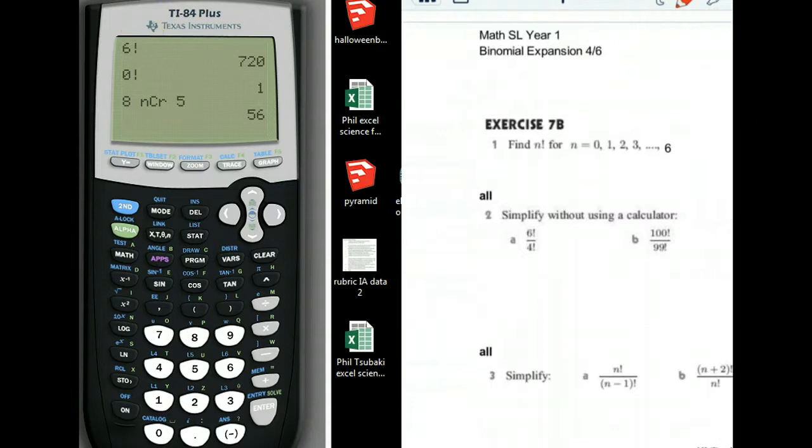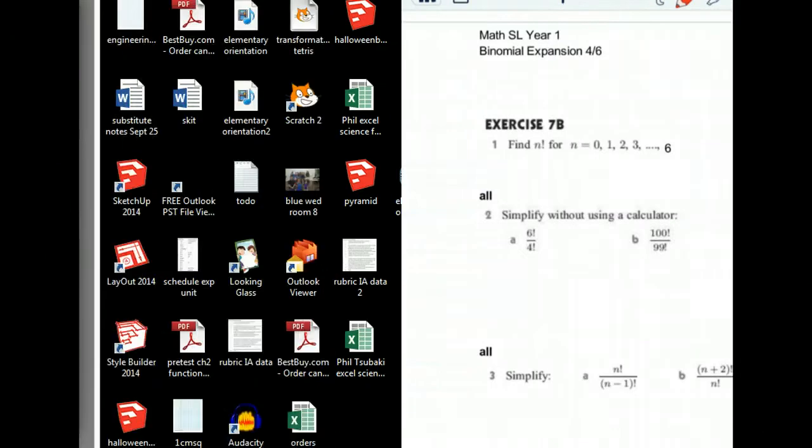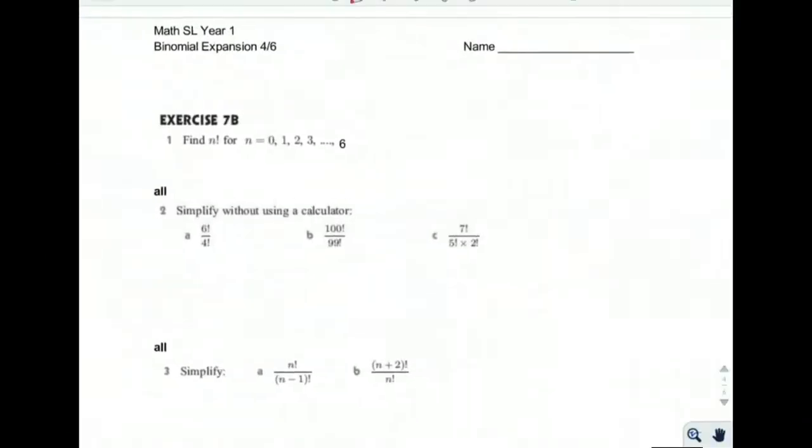Now we're going to go back to the problems here, most of which you don't use a calculator. Find n factorial for 0, 1, 2, 3, all the way to 6.